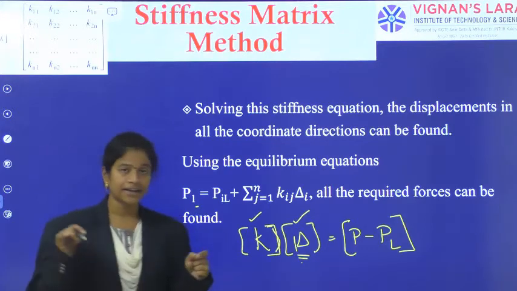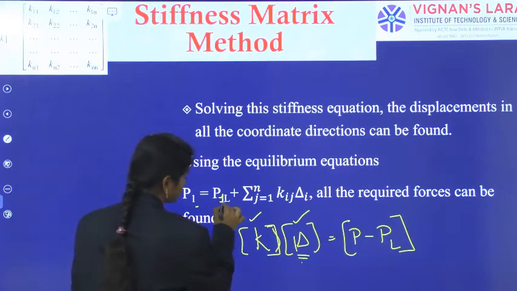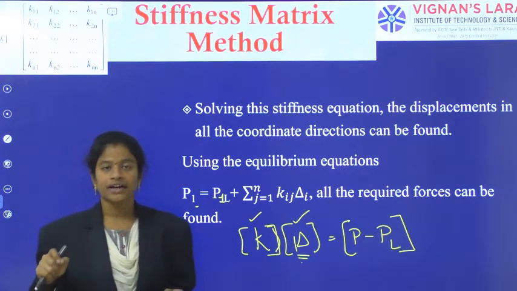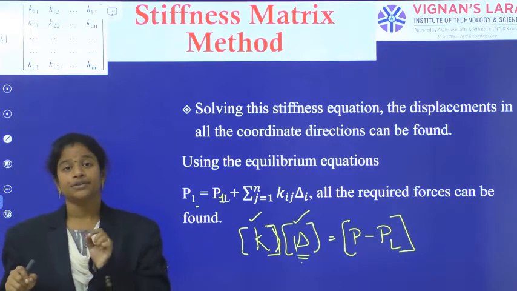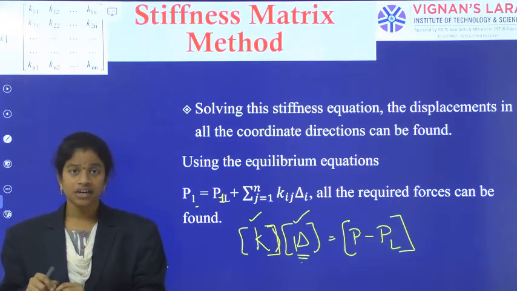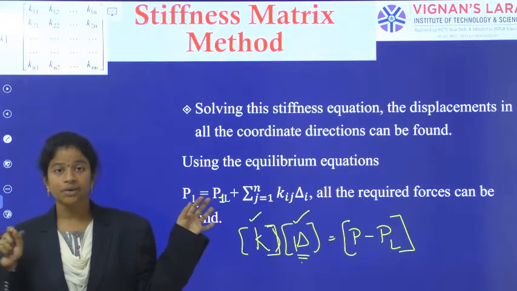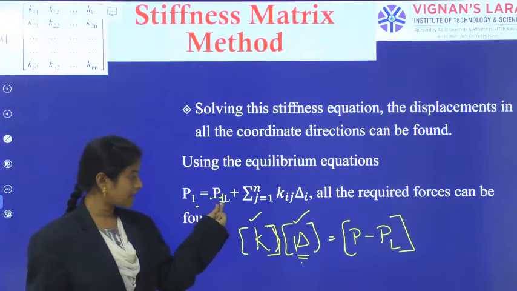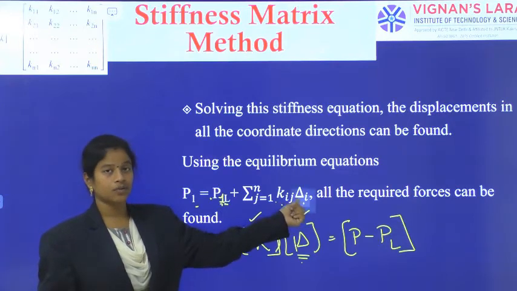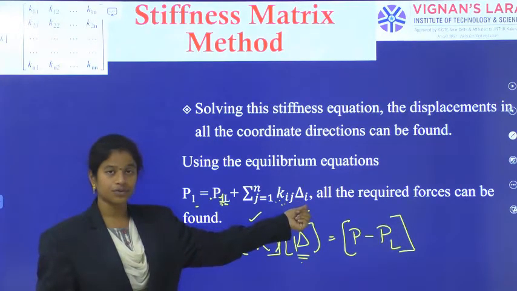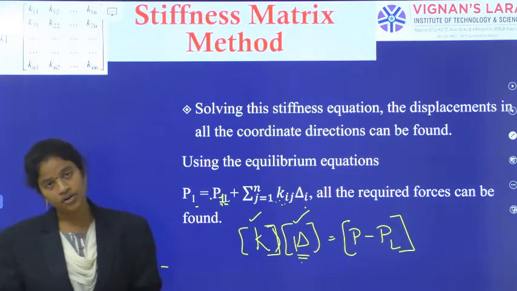So, at coordinate 1, the total load is equal to the force developed due to the external load, plus the force developed at 1 due to displacement at 1, plus the force developed at 1 due to displacement at 2. Similarly, in all the conditions, we will sum up and we can calculate the corresponding forces also.